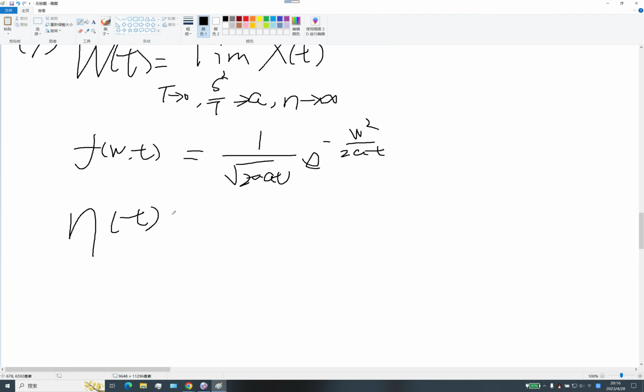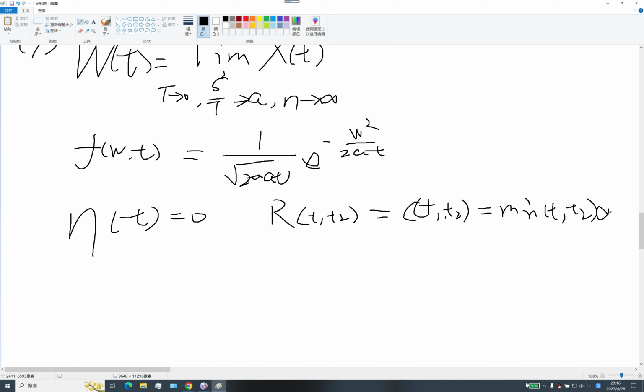The average of this is equal to 0. And the autocorrelation R(T1, T2) is equal to the autocovariance C(T1, T2), which is equal to the minimum of T1 and T2 multiplied by a.